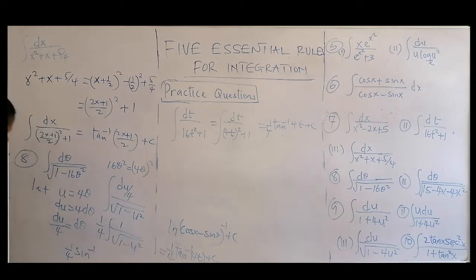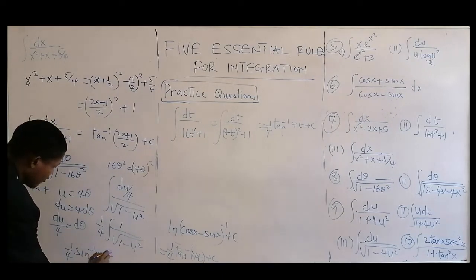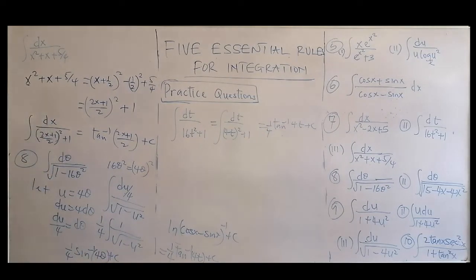Then you can replace your u, which is 4 theta, plus c. If you want to do it straight away, you must expect to have a divide here, so that we get arcsine 4 theta, then you divide by the coefficient, which is 4. So 1 over 4. So that's that on that question.